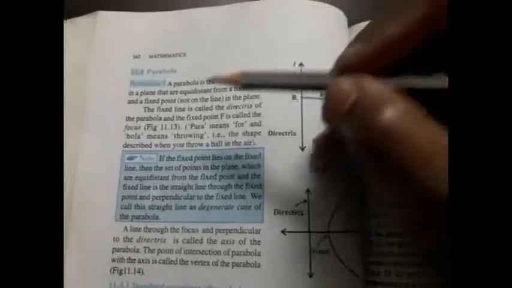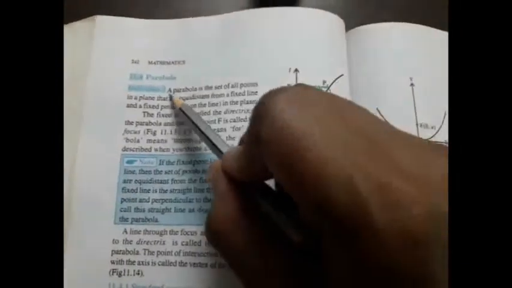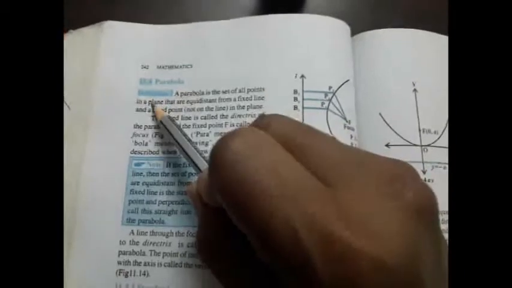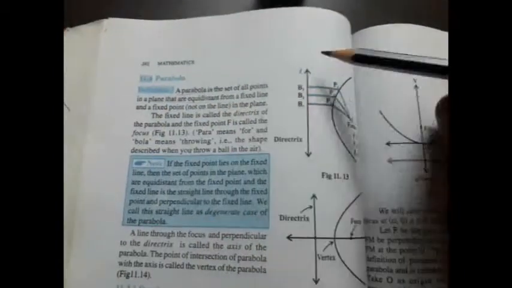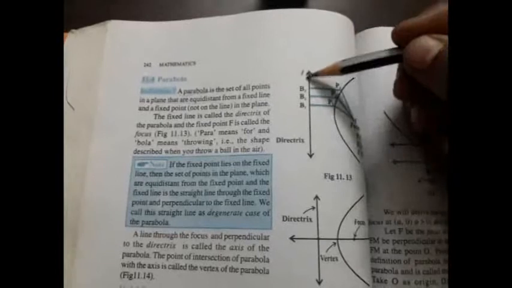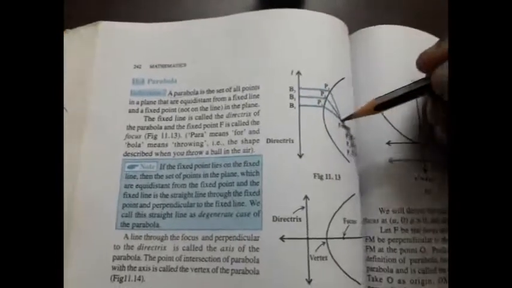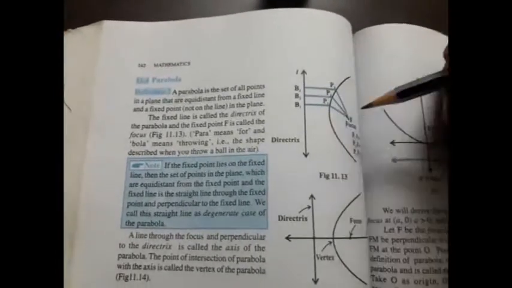So first of all, what is meant by a parabola? A parabola is the set of all points in a plane that are equidistant from a fixed line and a fixed point which is not on the line in the plane.